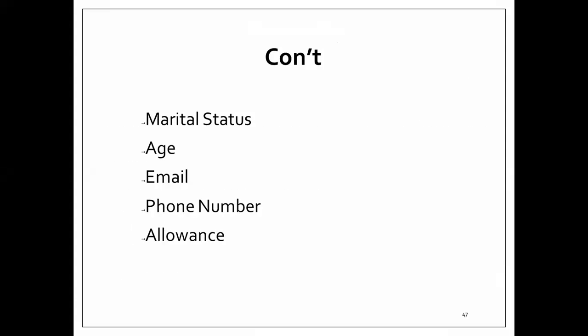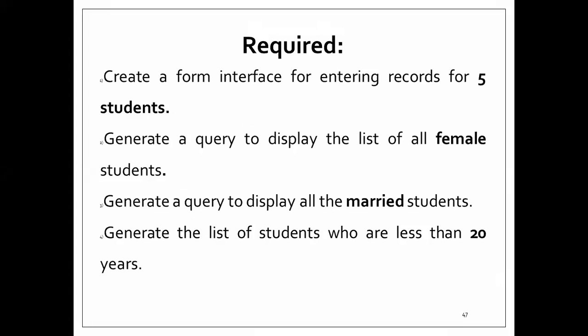Now, if we design our database and the table, then it is expected that we should have some data in that table. That's why we are required to create a form interface for entering records for 5 students.